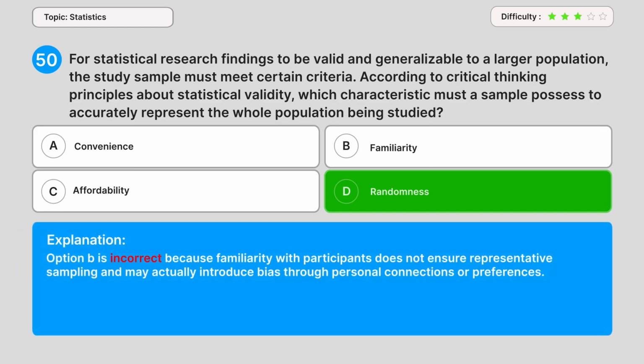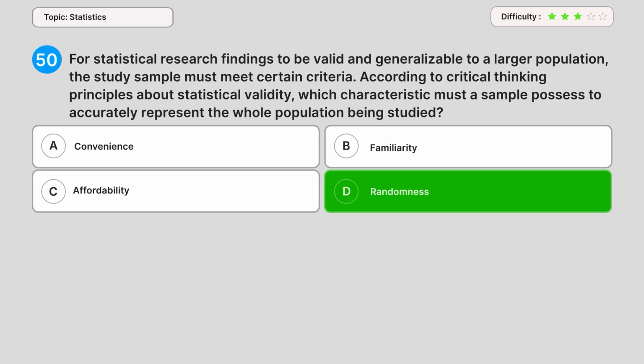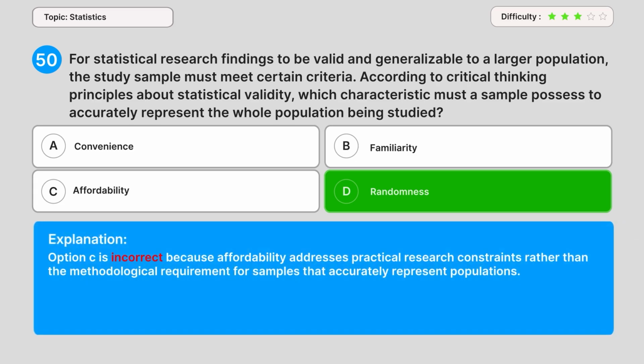Option B is incorrect because familiarity with participants introduces bias, as the sample would not reflect the diversity of the overall population. Option C is incorrect because affordability is a logistical consideration that does not ensure the sample accurately represents the population's characteristics.